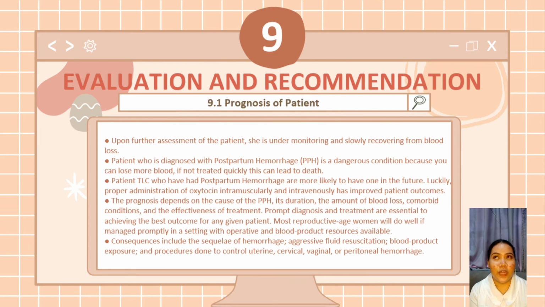Most reproductive age women will do well if managed promptly in a setting with operative and blood product resources available. Consequences include the sequelae of hemorrhage, aggressive fluid resuscitation, blood product exposure, and procedures done to control uterine, cervical, vaginal, or peritoneal hemorrhage.